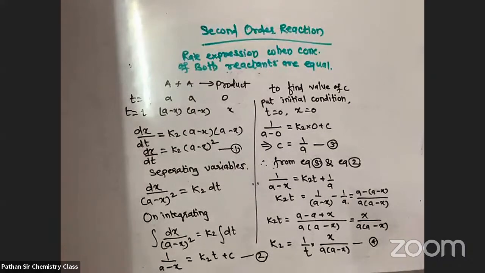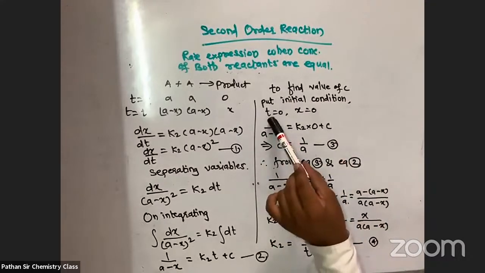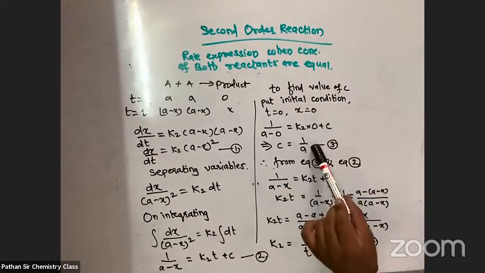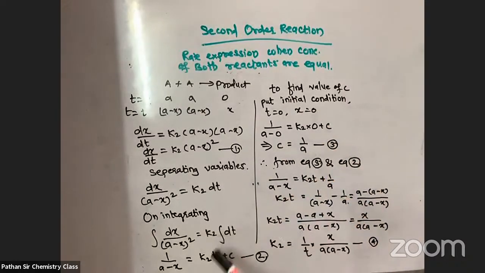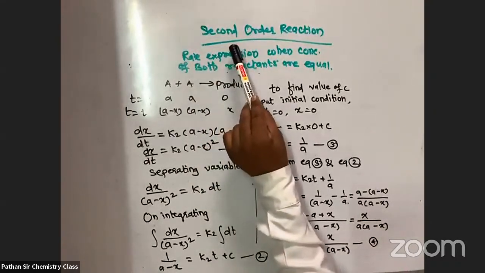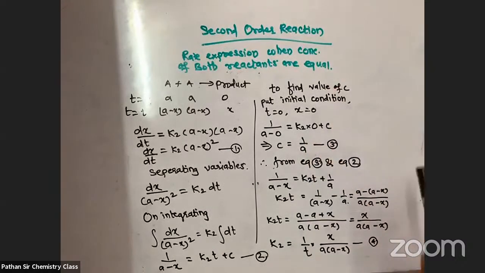Then to find the value of c, we put initial conditions at t equal to 0, x equal to 0. By putting these values, we get the value of c as 1 by a. Put this value of 1 by a into this equation, we reach up to this point, that is k2 is equal to 1 upon t into x divided by a into (a minus x). So this is the integrated rate expression for a second order reaction when the concentrations of both reactants are the same. Okay, so I think we stop here.